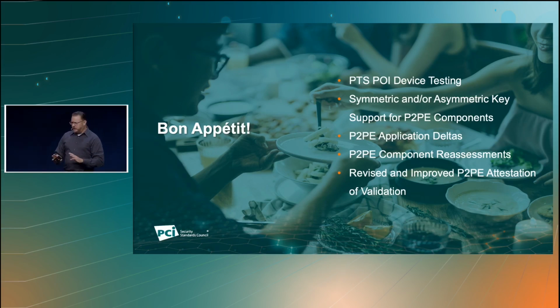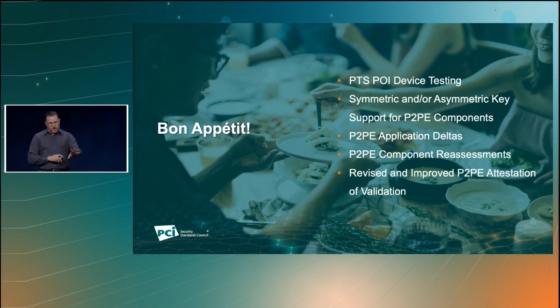I know this is a bit boring, it's a bit of minutia, but what it means is the solution, as it's represented on its listing, can continue to just do what it does best, protect cardholder data, and not have to worry about a little bit extra process and paperwork because those reference numbers of things it might be consuming aren't changing. So it's a bit of minutia, but it's really helpful to avoid what it had to do as a delta process to update its listing.